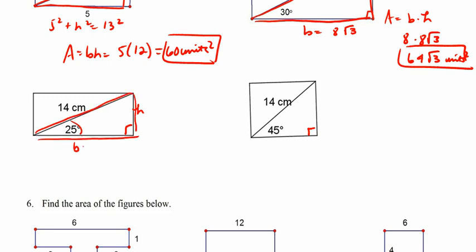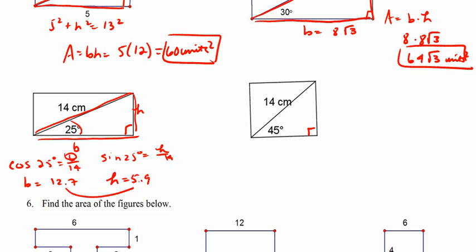I know b is adjacent and 14 is the hypotenuse, so that should be cosine of 25 equals b over 14. When I solve for b by multiplying by 14 on both sides, I get, let's see, 12.7. H is opposite, so I'm going to choose sine of 25 degrees equals h over 14, and when I multiply 14 on both sides, I get 5.9.